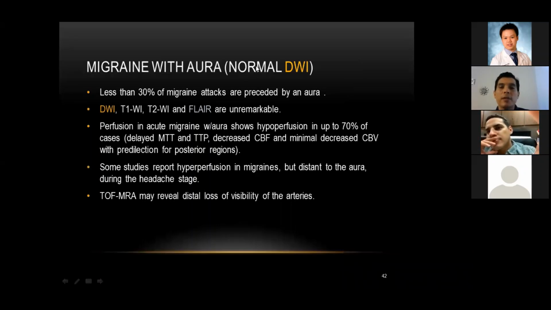Another differential is normal DWI, but this is not completely true, because this is not an alteration of DWI like a stroke, like big DWI areas.